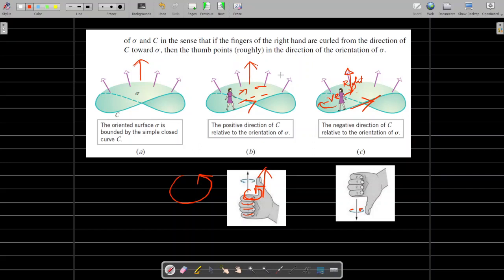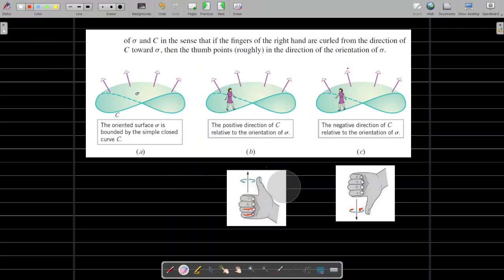So if the thumb is in this orientation, and our fingers are in this given orientation, then we say that we have a positive direction of C with respect to that given surface. That is how we identify the direction of C using the thumb rule.